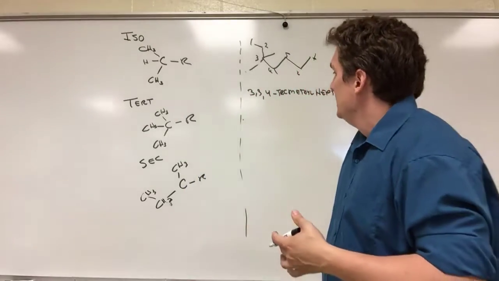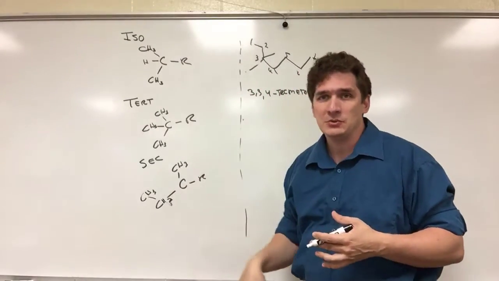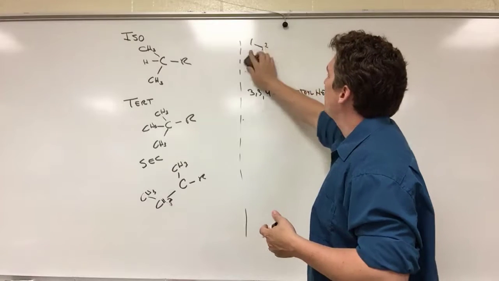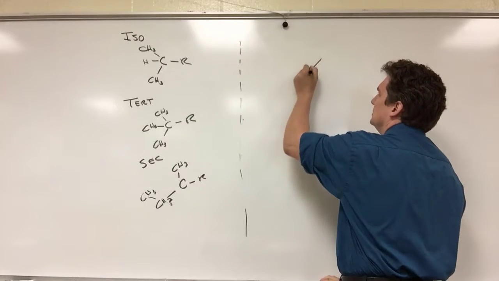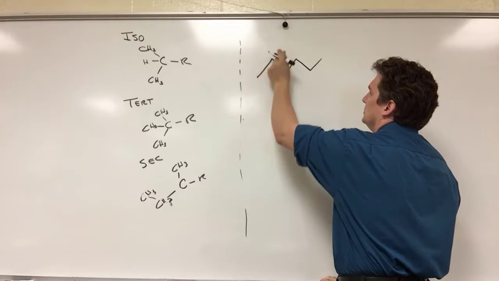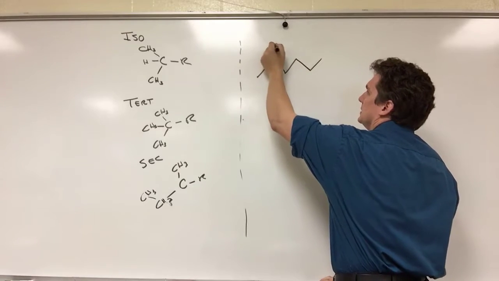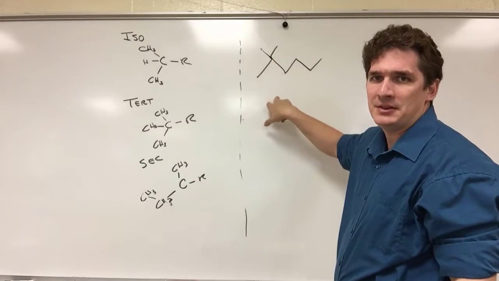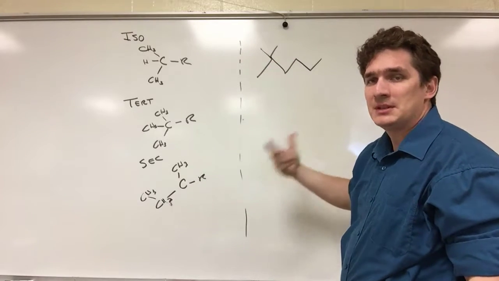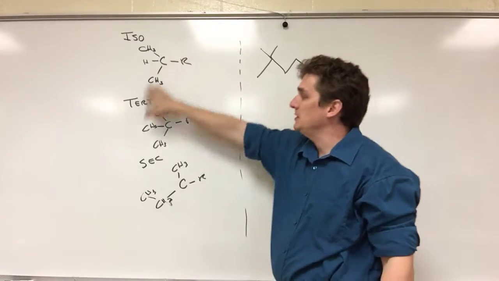So in terms of these colloquialisms, be forewarned, you will still see them occasionally. So let's go back to this compound, our 2,2-dimethylhexane. What you will sometimes see is it abbreviated using these.